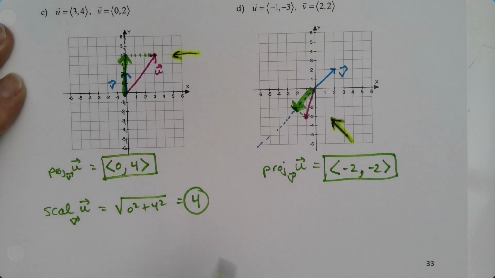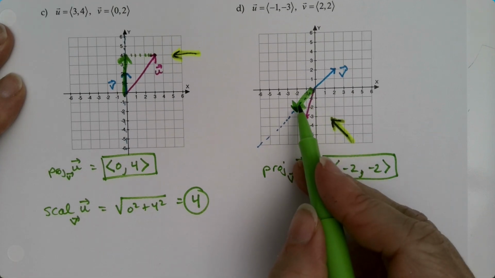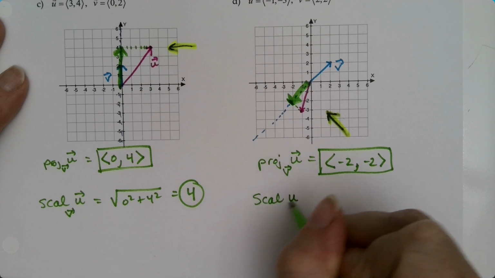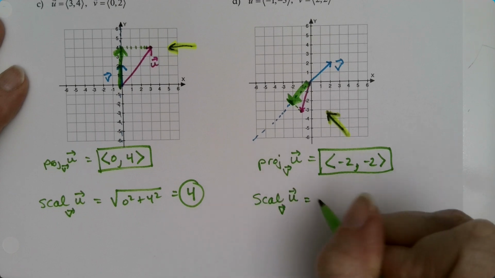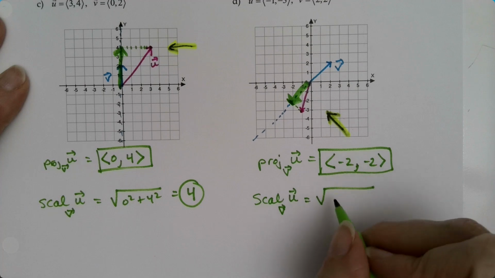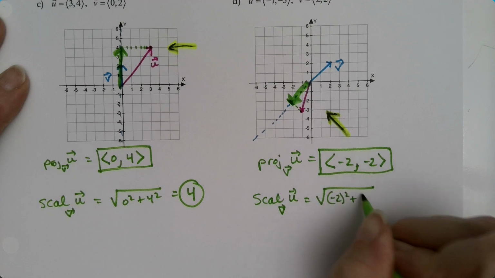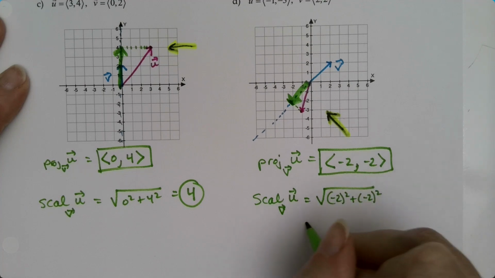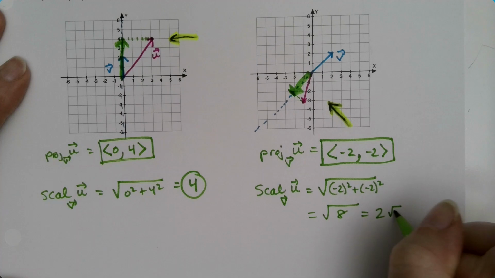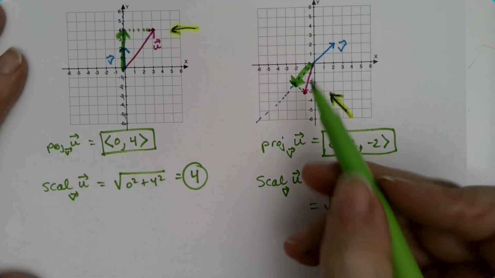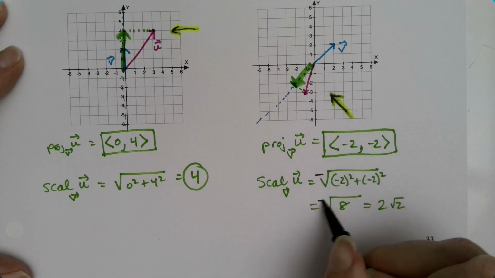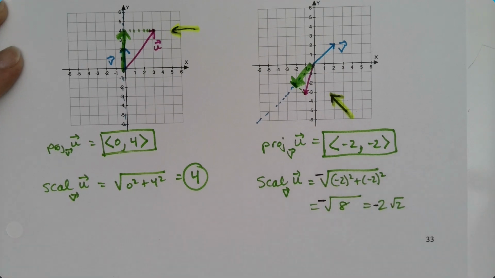All right, so then the scalar would be the size of that, which would be the square root of negative 2 squared plus negative 2 squared, which would be the square root of 8, which is 2 square root of 2. Oh, and since it's onto the negative direction, we're actually going to have to put a negative in front of that. So it's negative 2 square root of 2.